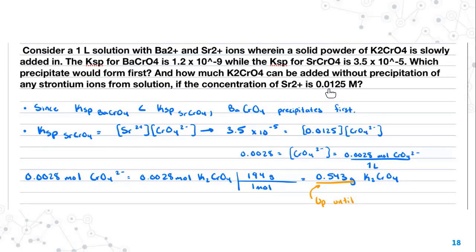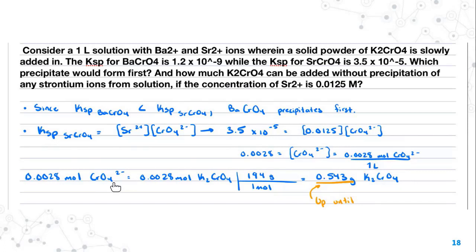I said that 0.0125 molarity strontium ions is already in solution. So we place all the numbers in, so this is where that value would go. And so we end up getting 0.0028 for the concentration of chromate. And so that means we have 0.0028 moles of chromate that can be added in.